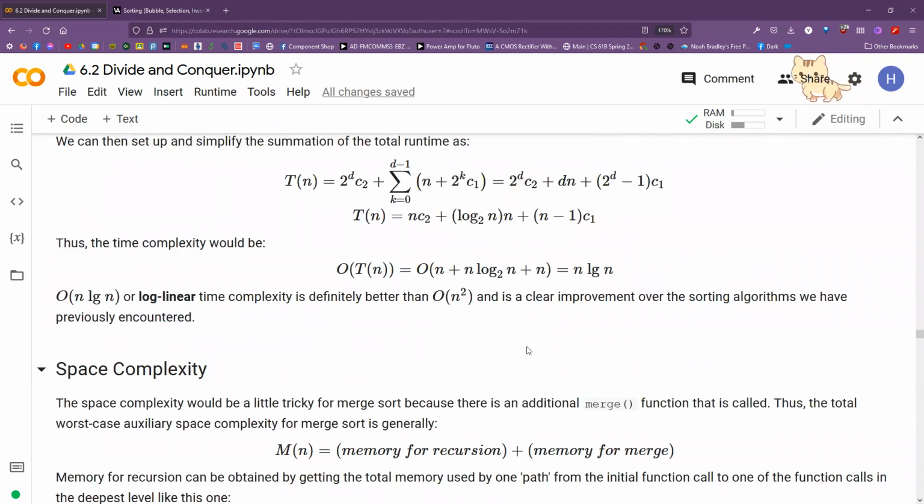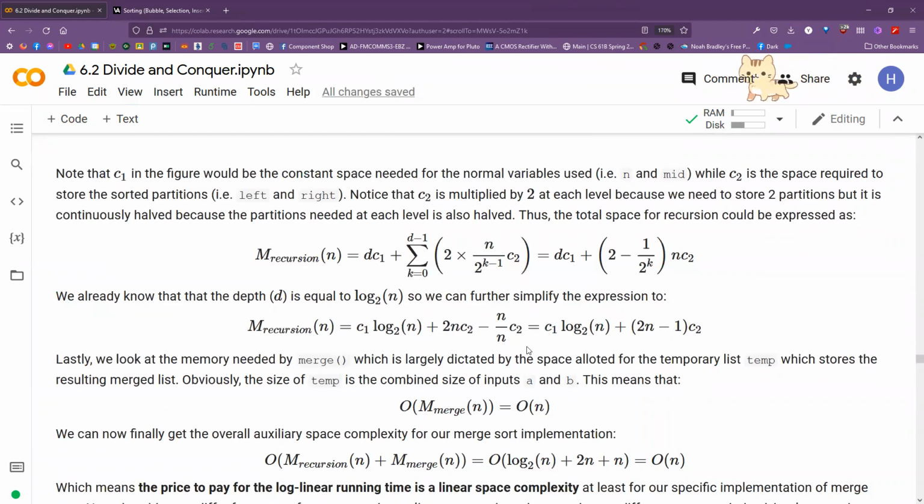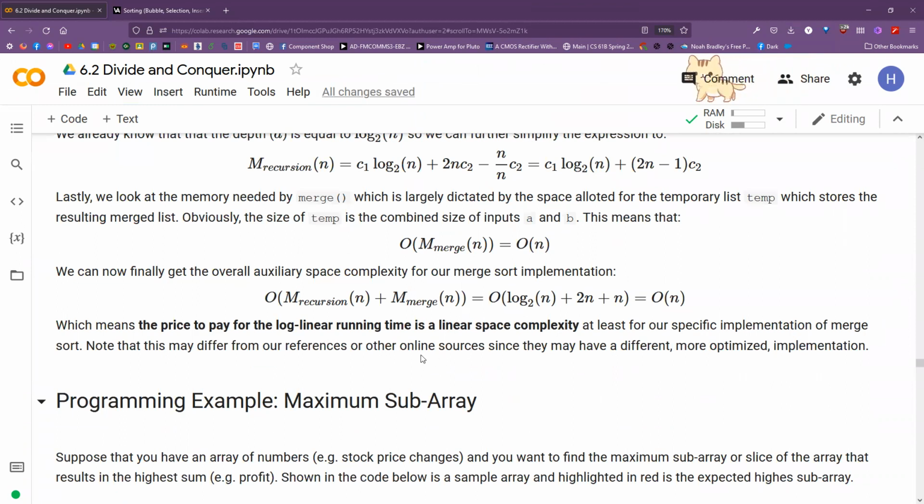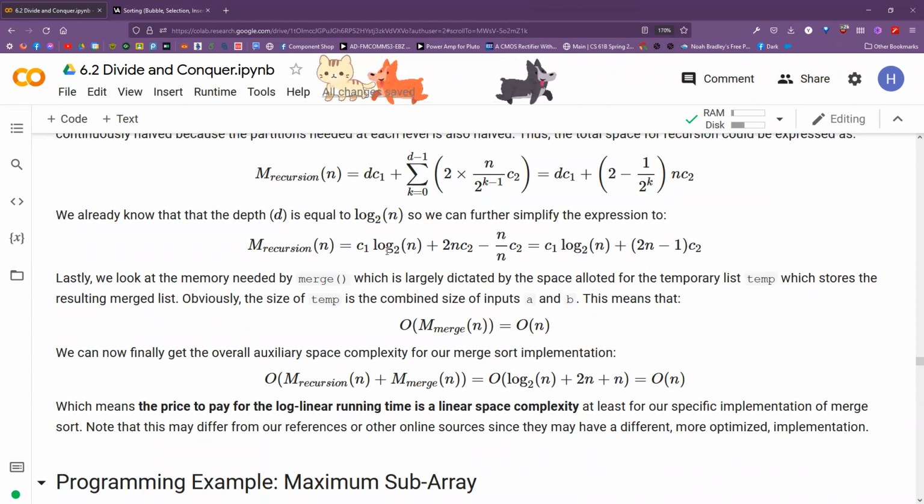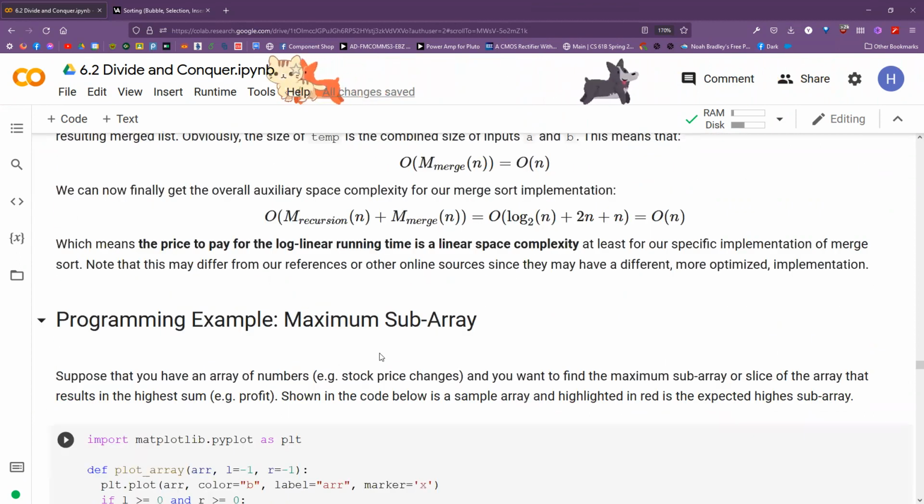But in any case, yun nga, yung naka-verdict natin dito is that similar to binary search, by paying a bit more memory, we can get a faster na algorithm. So this has been yung ating second example, which is merge sort. And for the next video, we will have another divide and conquer algorithm that looks for the maximum subarray. So see you in the next video.